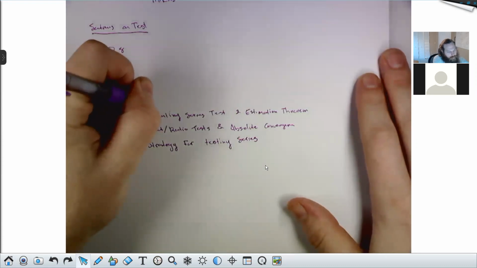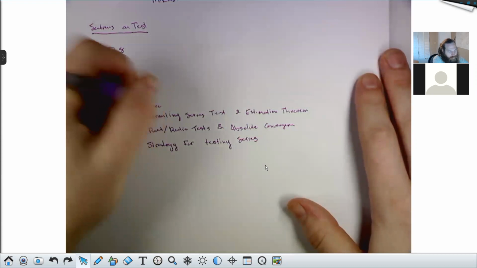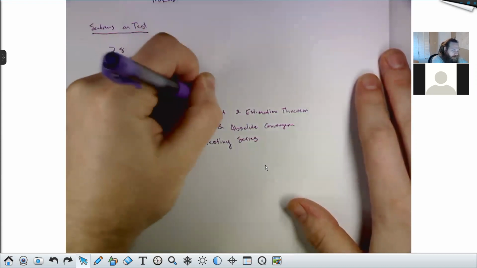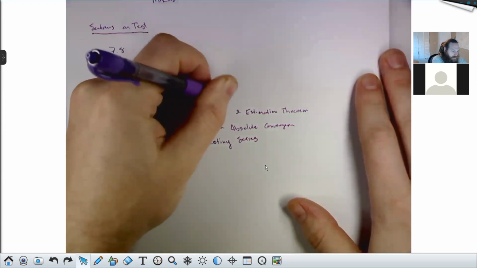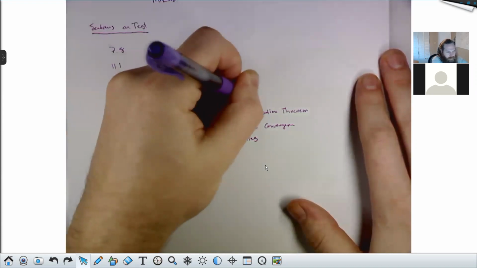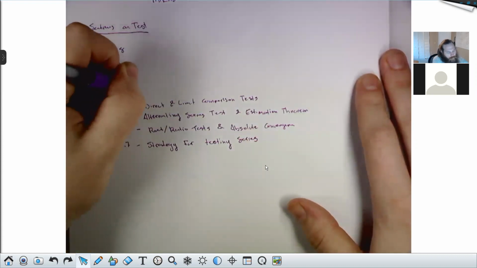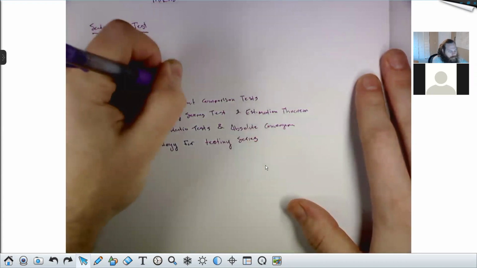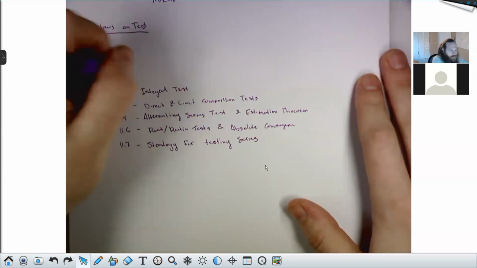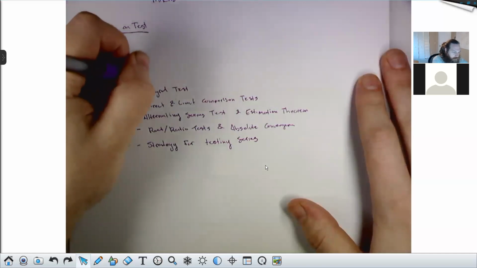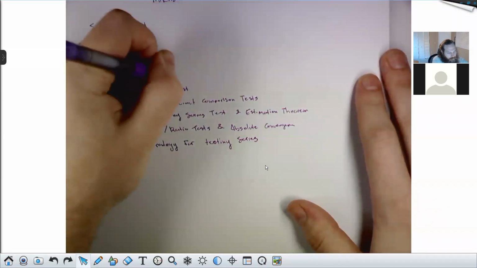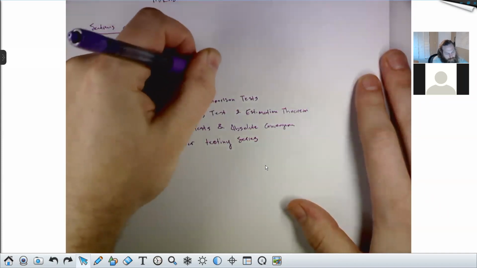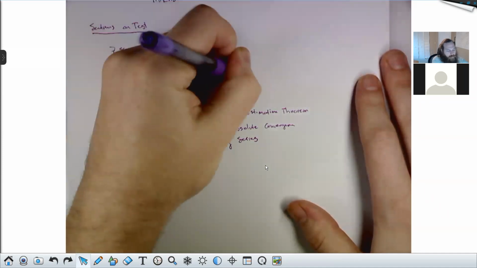11.4, these are the comparison tests. 11.3 was the integral test. 11.2 is just the definition of series, as well as geometric and telescoping series.